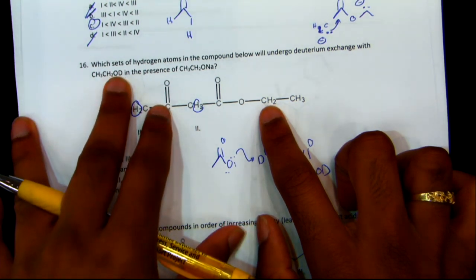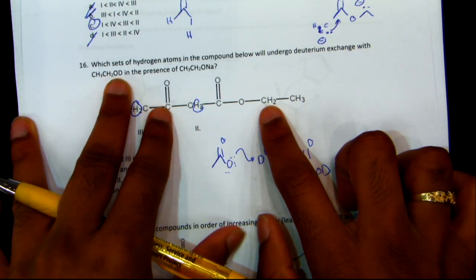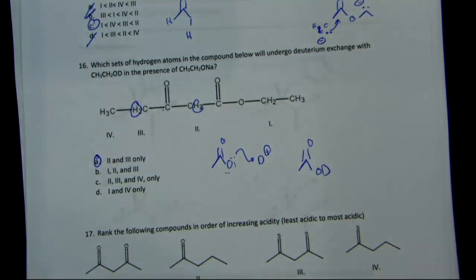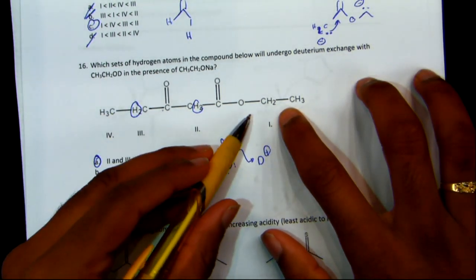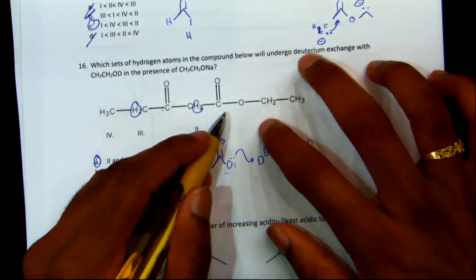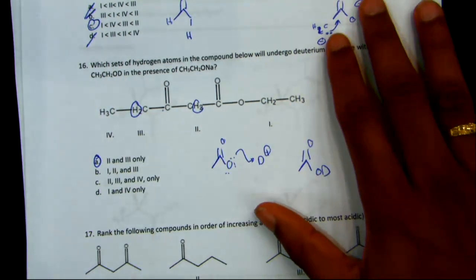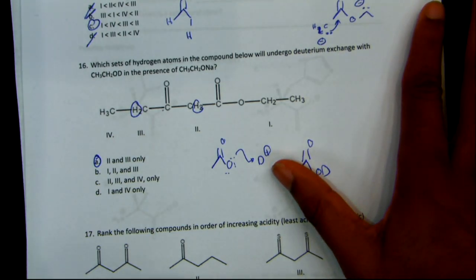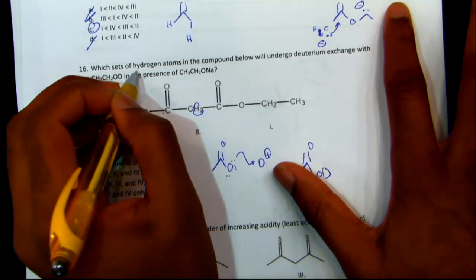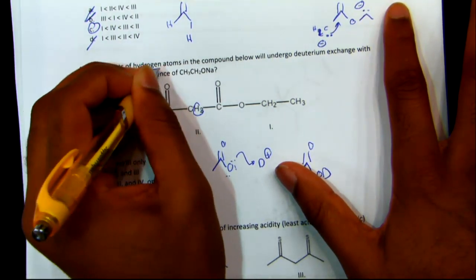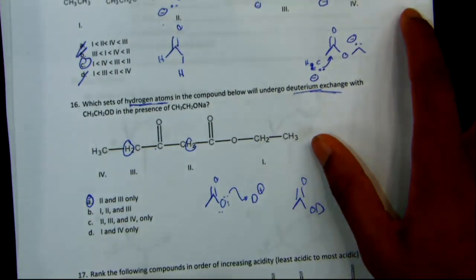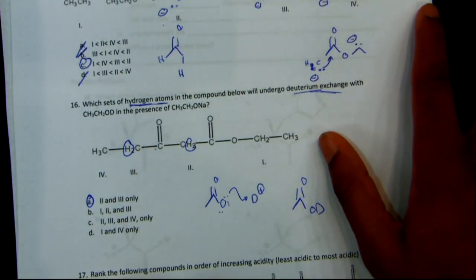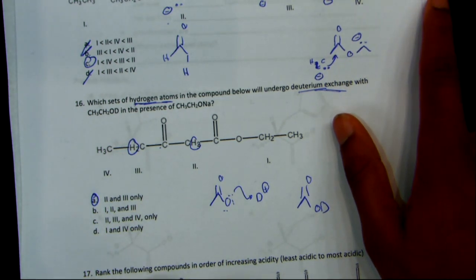Yeah, because deuterium. The reason they put the ethyl groups is because this could also react with this part and kick this off. So the question is just asking which sets of hydrogen atoms will undergo deuterium exchange. What you're saying will react weird, but the question is just asking about hydrogen atoms. Does that make sense?